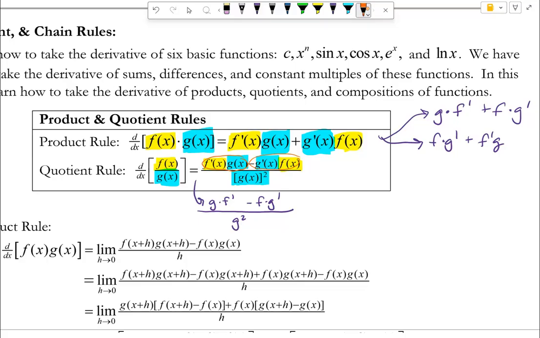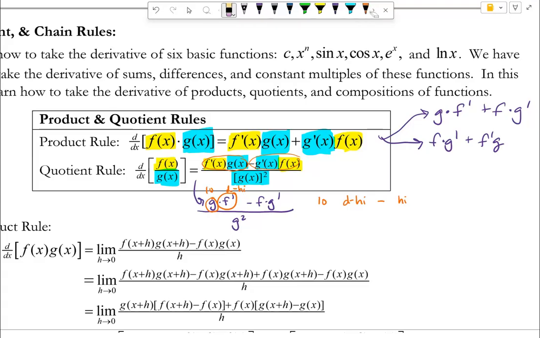So sometimes we will say low d high, meaning that I'm going to take my denominator, which is the thing on bottom, so that's our low, and I'm going to multiply that by the derivative of my numerator. So that's d high, the derivative of high, the thing on top, the numerator, minus high d low.